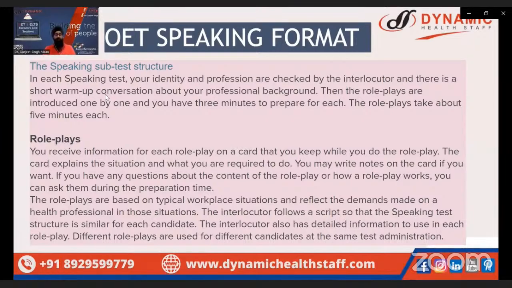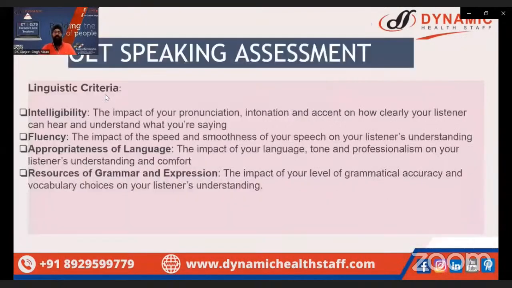So the really common things will be there. If there is any specific knowledge that you have to share, they will mention it on the role play itself, so it will be easy for you to cover the topic. The interlocutor will have detailed information on what information you need to use in each role play. So that is the format.